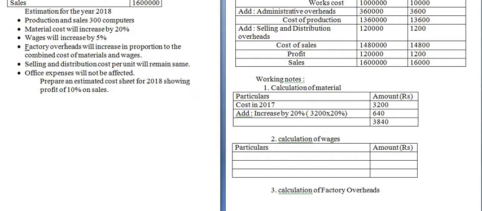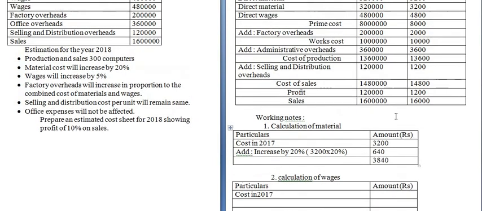Third point. Wages will increase by 5%, they have told. Okay. So first what we need to do, we need to take cost in 2017. Okay, now cost in 2017 for wages is how much, you will have to check. Again here we are taking cost per unit, that is 4,800.